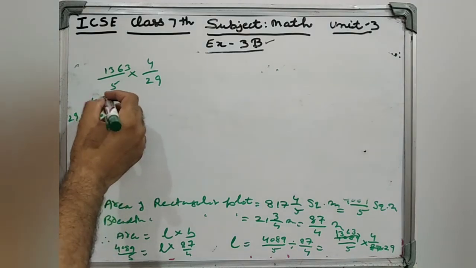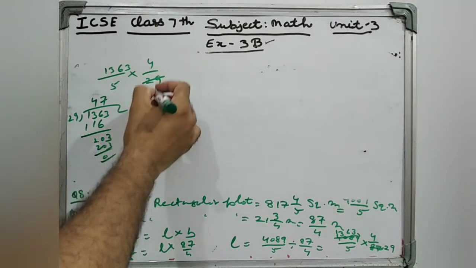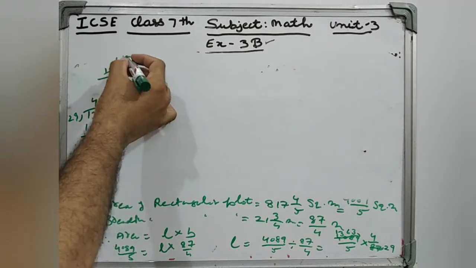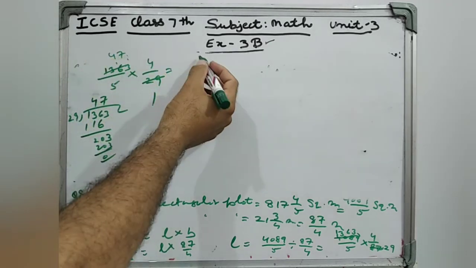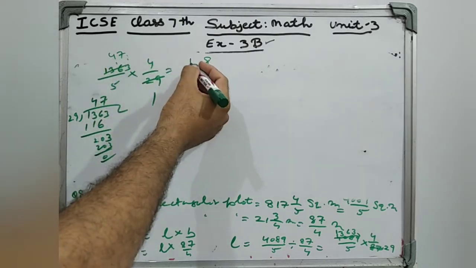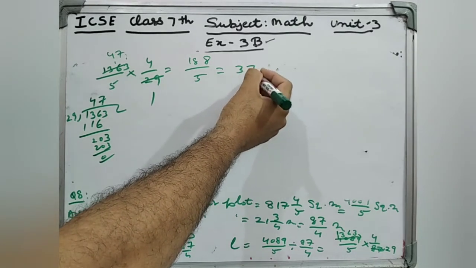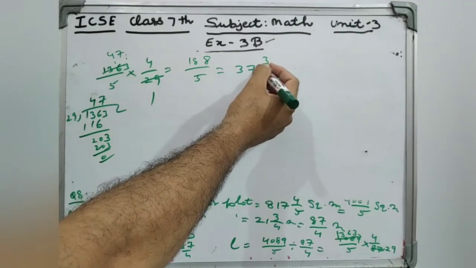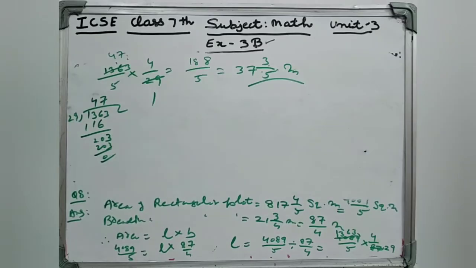This will go on 7, 203, 47. Sorry, 47: 47 times 4 is 188 upon 5. This will become 37 3 upon 5 meter. This would be our answer. This was question number 8.